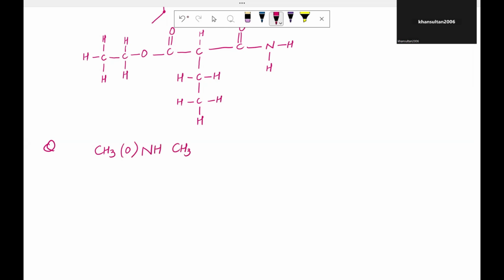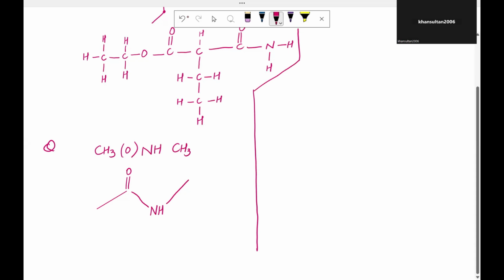We know CH3 would be at this corner. There is a double bond over here because carbon is having a double bond with oxygen at this point. And here there would be an H, and at this corner there would be CH3. So this is going to be a structure like this.